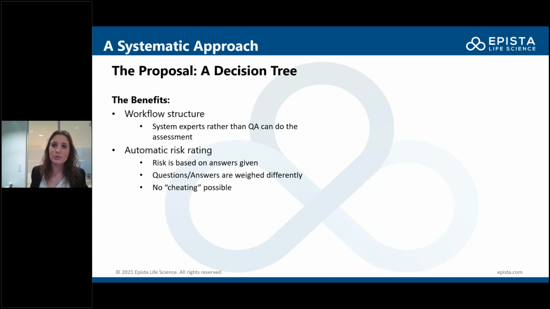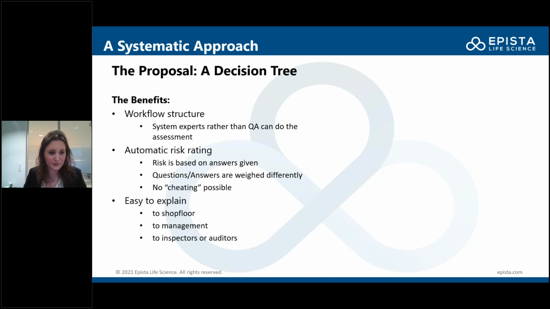And in the end, there's also no cheating possible because, yeah, if you answer the questions and you go down, you will end up with a high, low, or medium risk. You can't just say, well, okay, I have a few gaps here and there, but in the end, I'm still going to be entering low for my system. It's also really just looking at your system gaps. You're completely taking out the discussion for your data, what kind of data it's creating and how that's going to be used. So this is really how safe is your system in terms of data integrity.